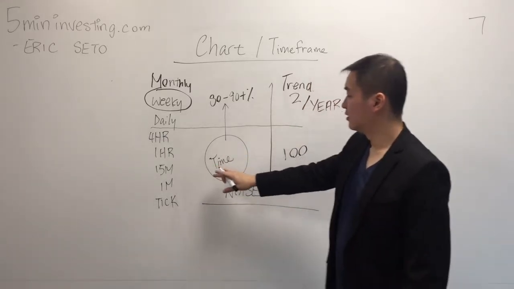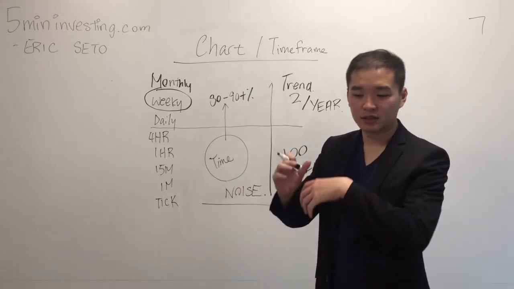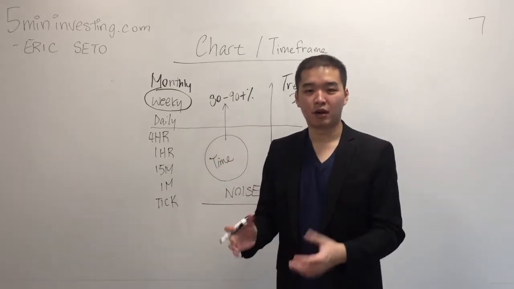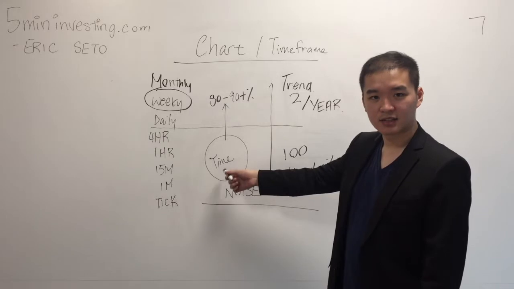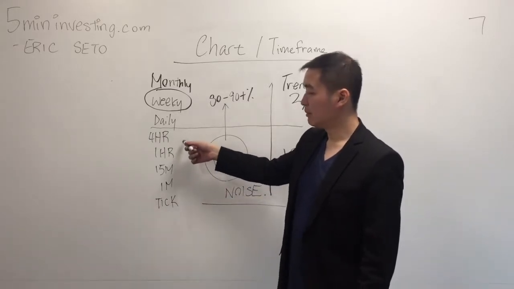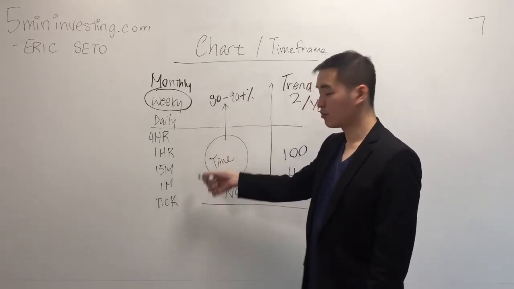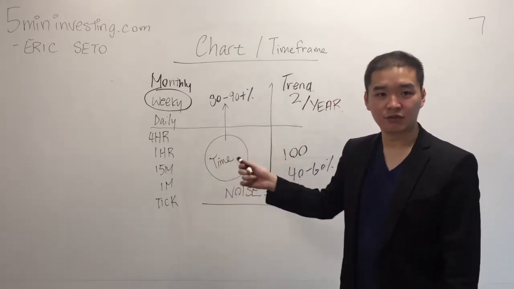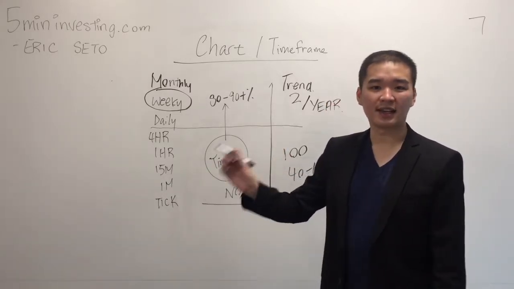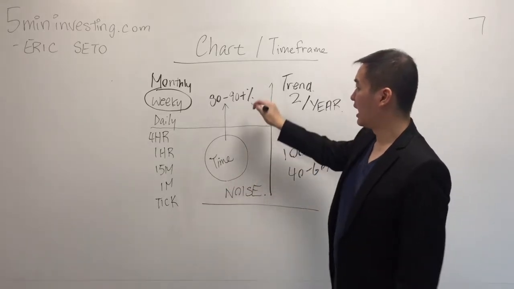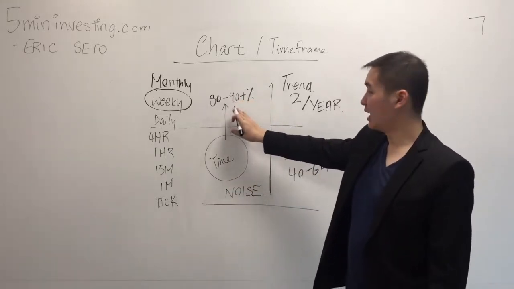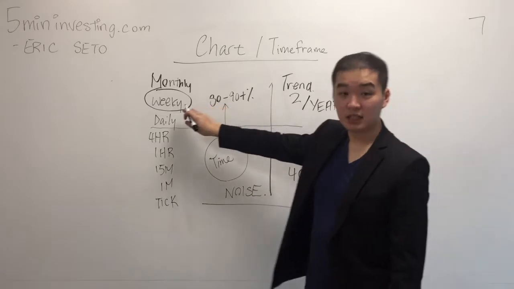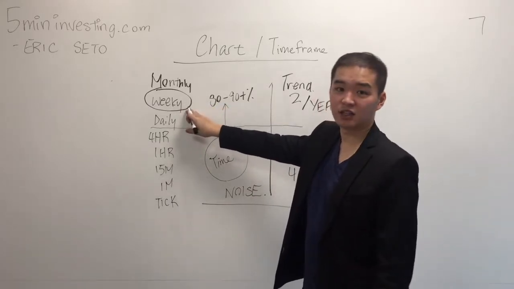Like, let's say you're looking for a certain candlestick pattern, like a pin bar. You get these all the time down here. In fact, they print so many candles and so many pin bars, you actually need 2 to 3 additional filters to make sure you're only selecting the best ones. And here, you print so few, and it's very hard to manipulate the weekly chart.